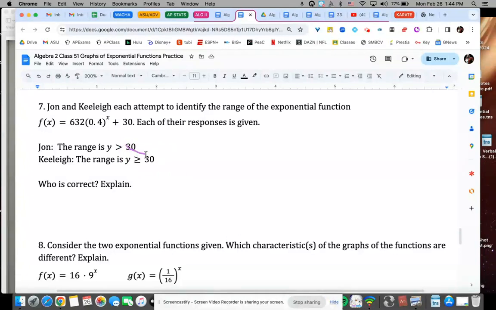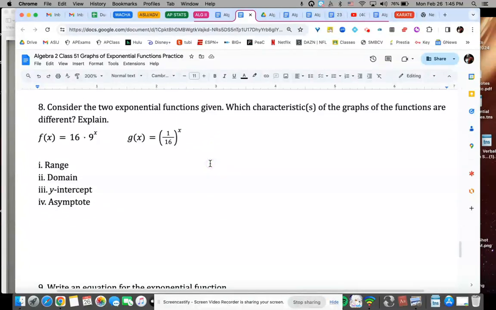It's just, should it be the equal to or not equal to? Remember, the asymptote is something that doesn't get touched. You approach it, you get closer and closer to it, but you never actually cross it. So we don't use the equal to part. This is the correct one. So John is actually correct. We never actually touch the asymptote. We just get closer and closer to it.